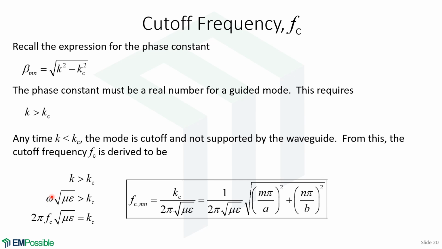We can convert our angular frequency to an ordinary frequency, and I put a sub c here to remind us that we're calculating a cutoff frequency from Kc. And so now we can replace Kc with the square root of m pi over a squared plus n pi over b squared, and we have a nice equation now for calculating the cutoff frequencies for our TE modes.